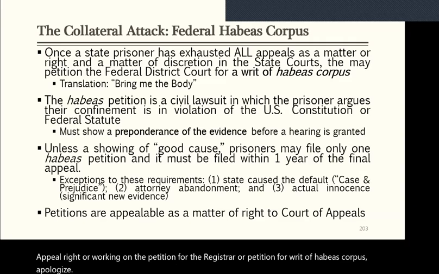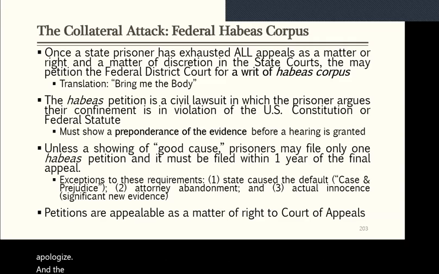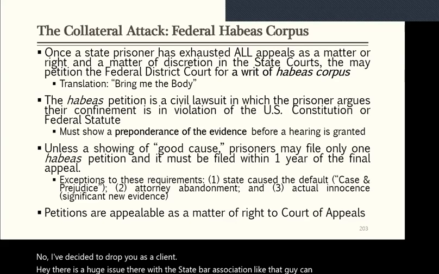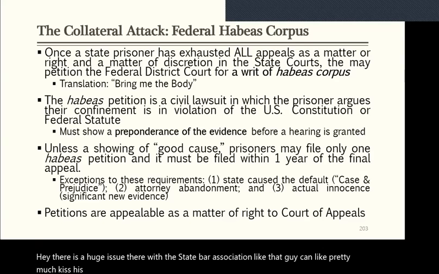And the attorney, it's 360 days out, so there's 5 days left, just quits, just says, no, I've decided to drop you as a client. There's a huge issue there with the State Bar Association. That guy can pretty much kiss his law license goodbye.